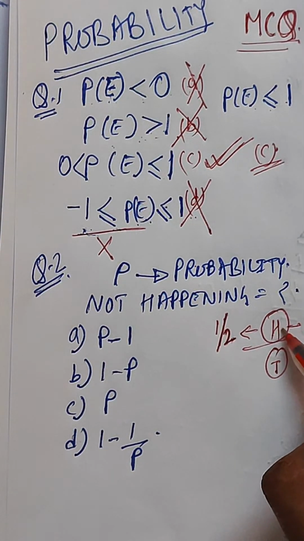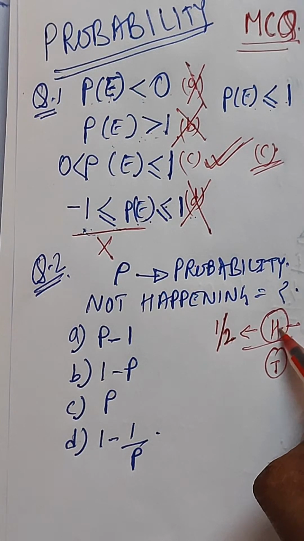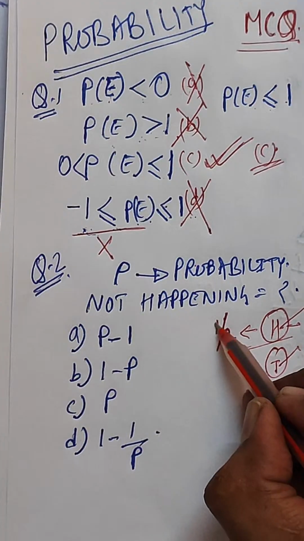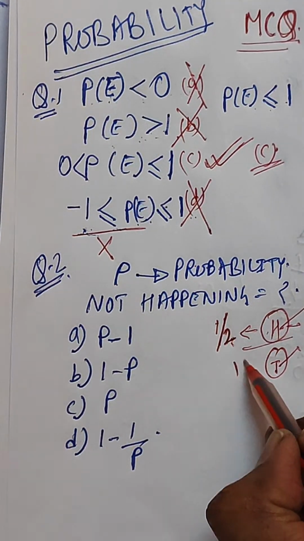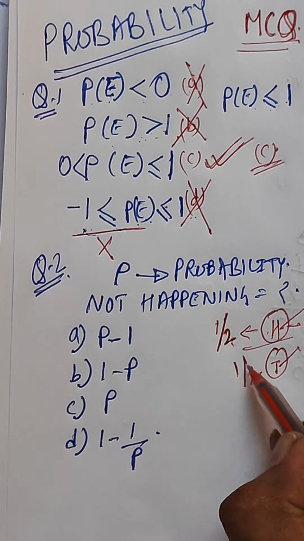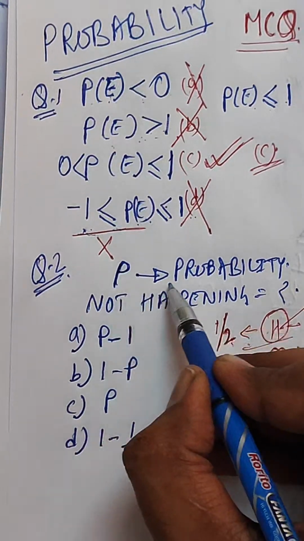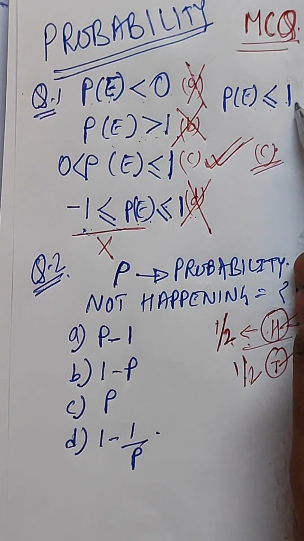So when the coin is tossed, either we have head or we have tail, right? So 1 by 2 for head and 1 by 2 for tail. When you add both of these you get 1. That means the probability of any happening can be less than or equal to 1.